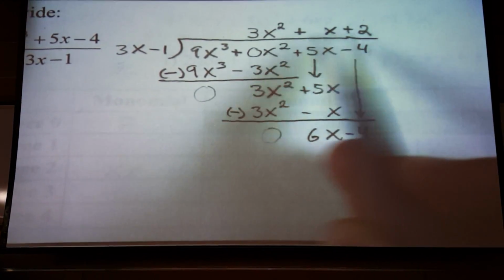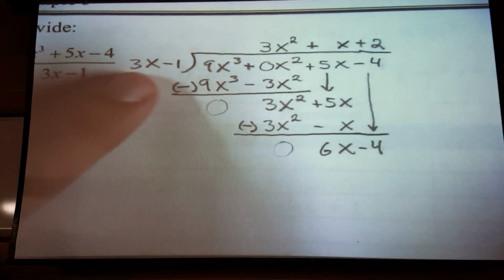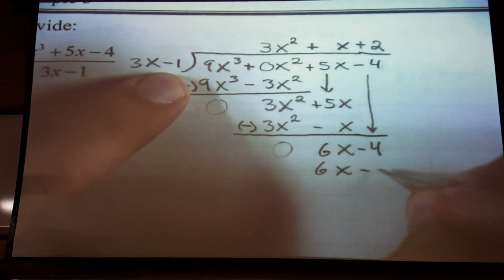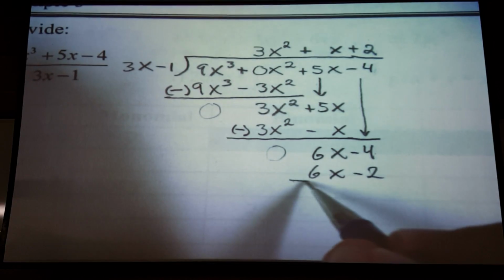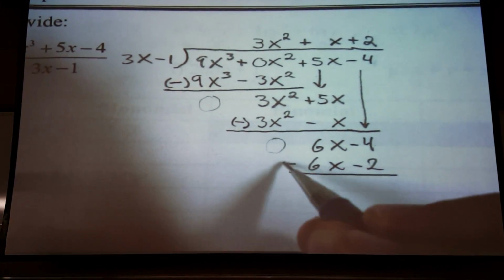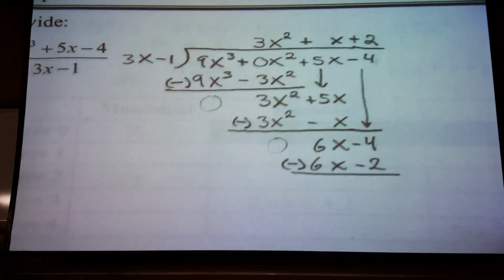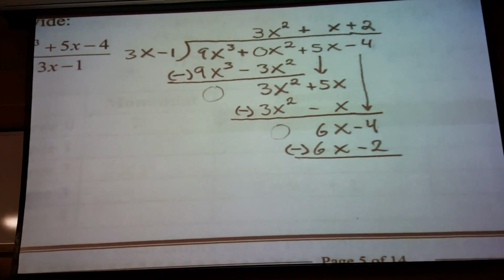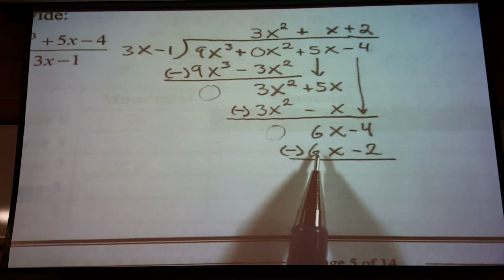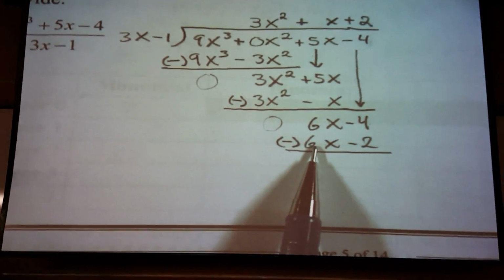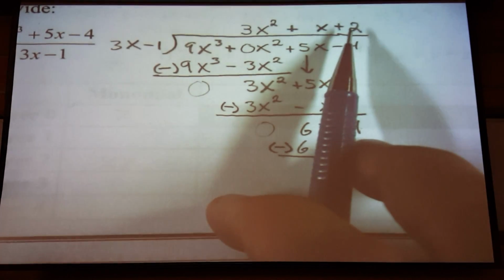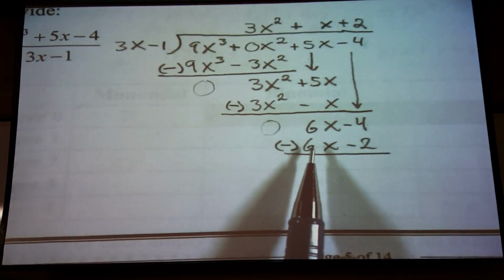New term times the divisor. 2 times 3x makes 6x. 2 times negative 1 makes negative 2. Subtraction sign in parentheses. Sometimes this number down here, this 6x, sometimes you're going to end up getting a negative number here.